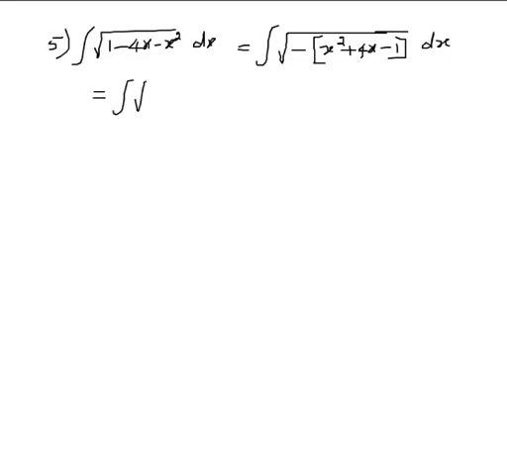Let us complete the squares. Minus of x square plus 4x. If the coefficient of x square is 1, it is easy to complete the squares. Just divide the coefficient of x by 2, which is 2, the whole square. Subtract the b square term and minus 1.